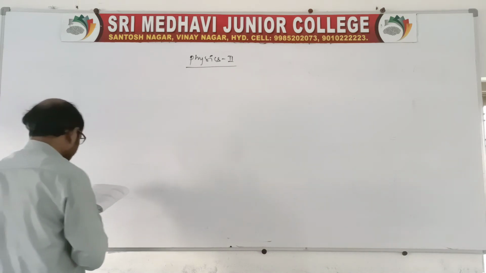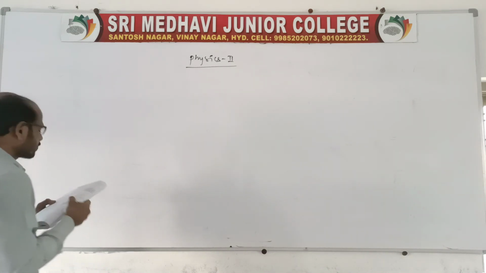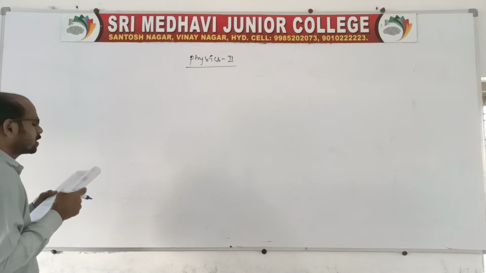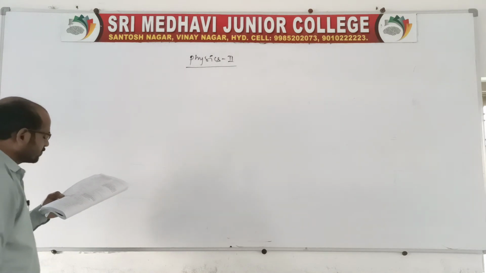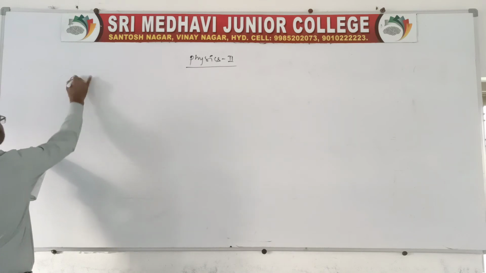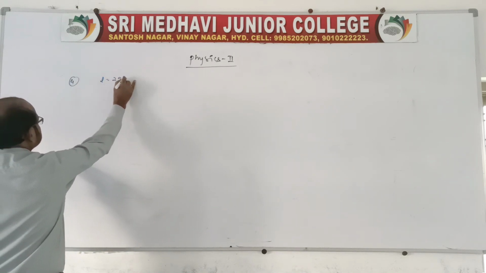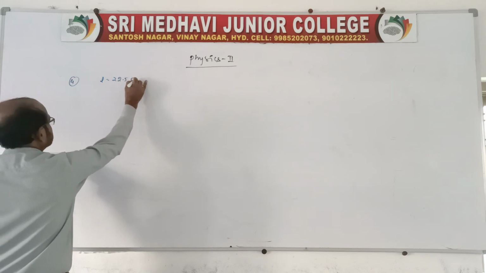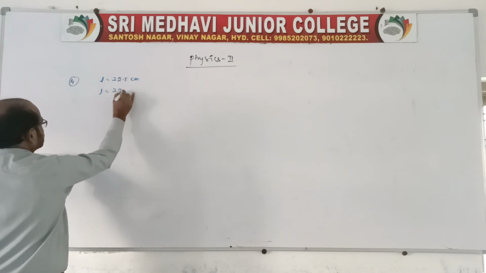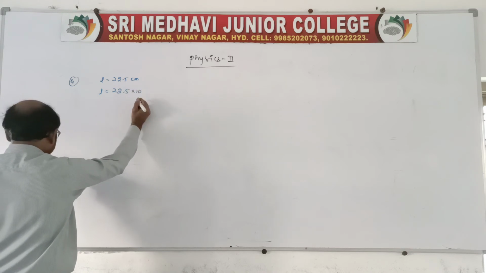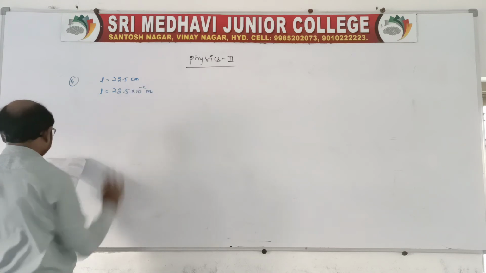See, again the question is given as: a solenoid of length 22.5 centimeter is given. So L is equal to 22.5 into 10 power minus 2 meter.